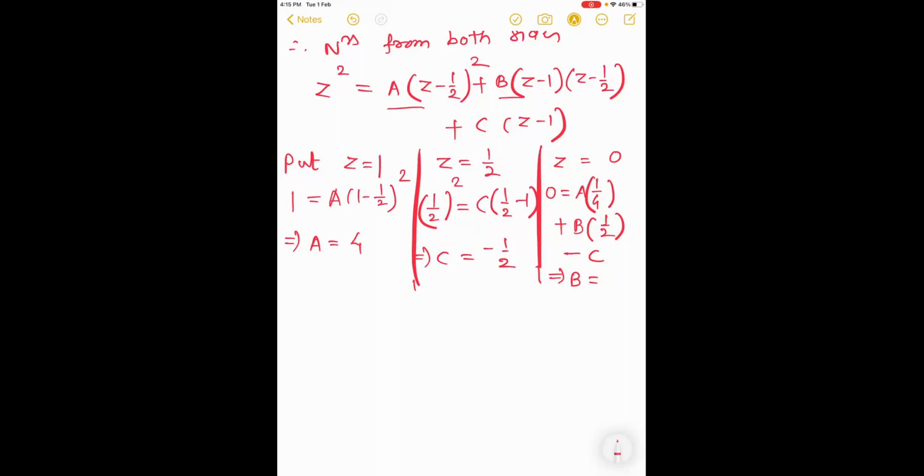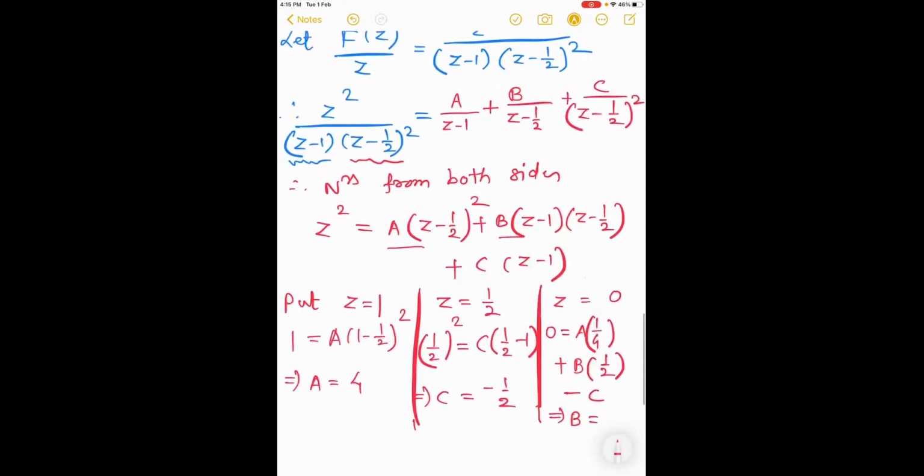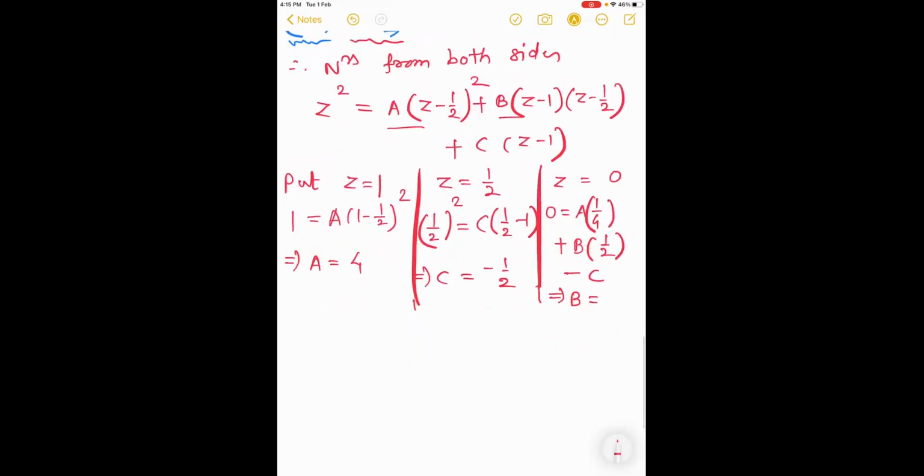Sorry. Minus 1 is also not correct. Minus 3, that's correct. So B is minus 3, C is minus half, and A is 4.